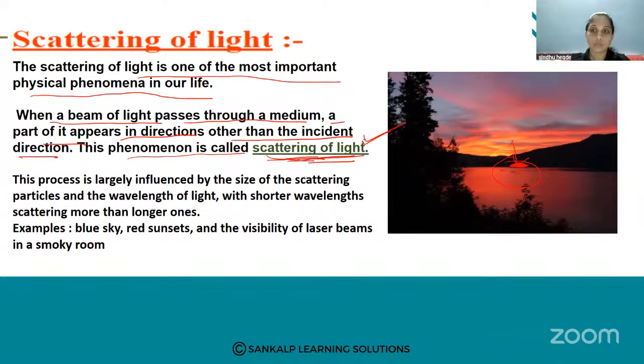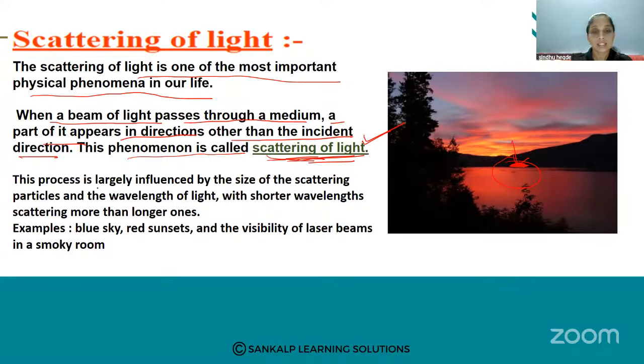This is also one of the important phenomena which occurs in nature. In your exams, they ask questions related to scattering of light. They may ask to write the definition of scattering of light, or to write the natural phenomena which work under scattering of light. Or they ask about the different phenomena, and they may ask to explain how this occurs.